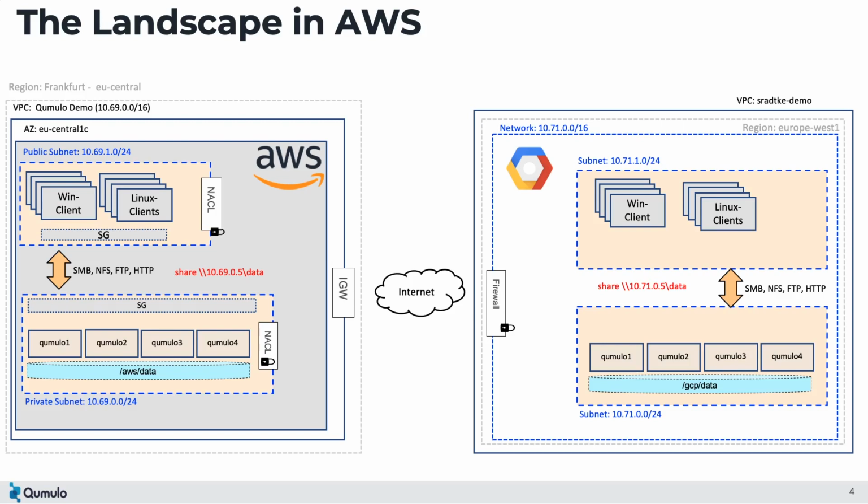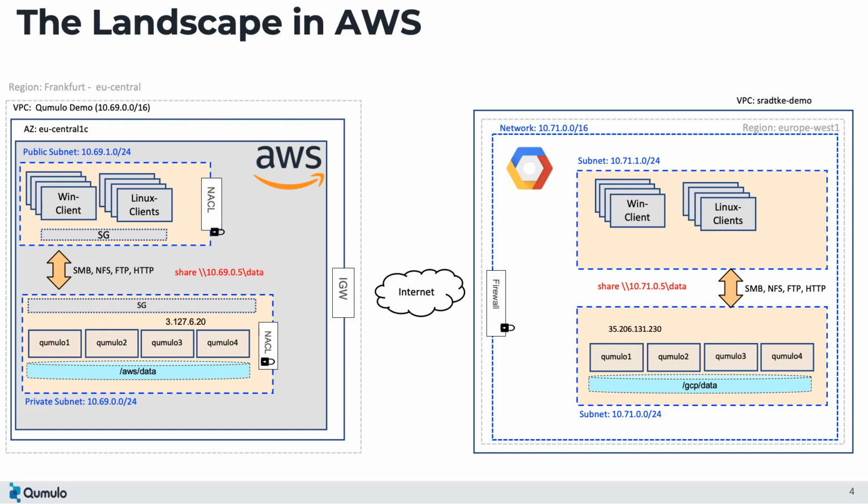We create a share as well. We call the share the same, so the share name is data, and we mount that to a Windows client in a different subnet. Again, here you could decide to do it in the same subnet. Finally, we also have to configure a public IP address for the Qumulo cluster on both sides because we need that for the replication job.